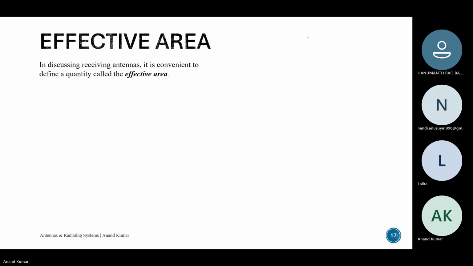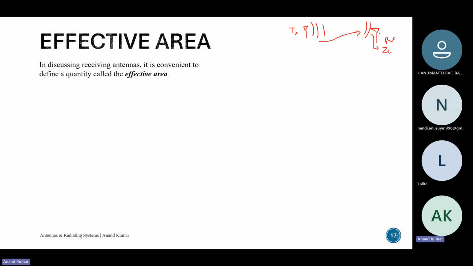So we have, for example, a transmitter antenna, and it radiates some waves. But when we receive it, for example, we have this antenna. This is the receiver. All the waves that were radiated from the transmitter will not reach this receiver, and the waves which reach the receiver will not all be transferred to the load.